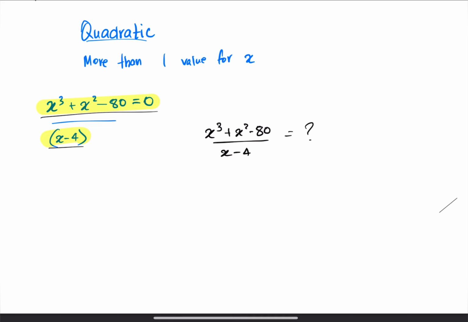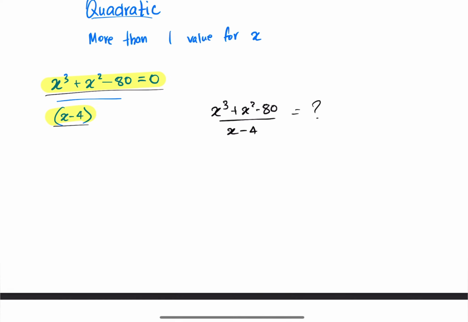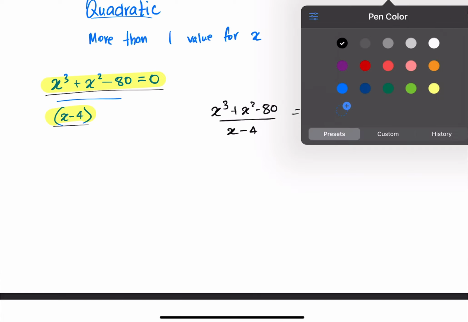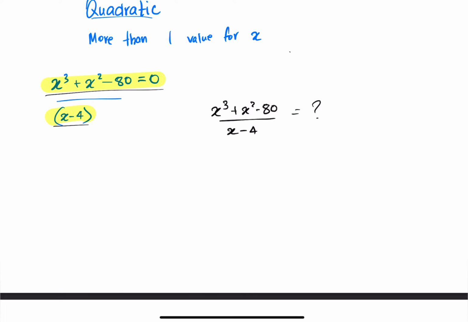What we're going to do is write down the equation one more time. That would be x cubed plus x squared minus 80 equals 0. We can write negative 80 as negative 64 minus 16.